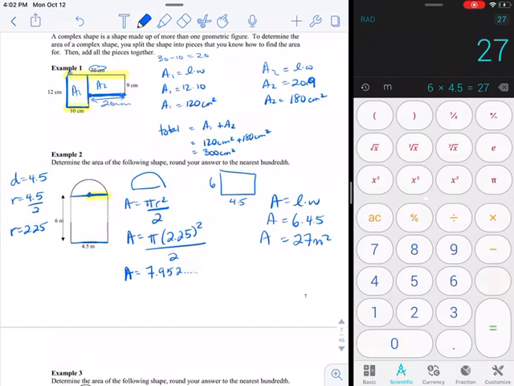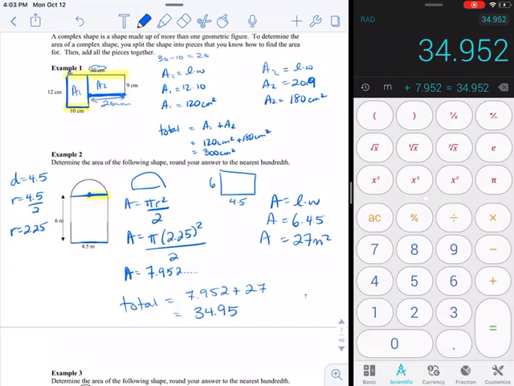So if we take that 27 and we add it back to our half circle of 7.952, we get 35.95. And this is meters squared.